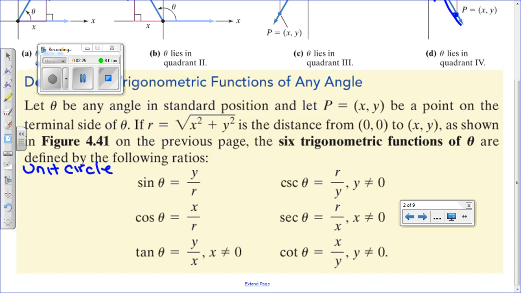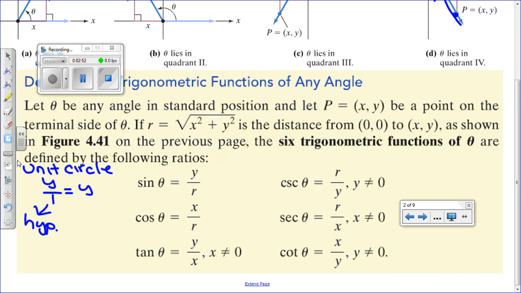Sine used to be y over 1, which was just y. Do you guys remember? It was because the hypotenuse of the triangle was 1, because that was the radius of the unit circle. However, now we're moving out of that. Because the triangles will be similar, remember I proved that to you before, the ratios of the sides are proportional.